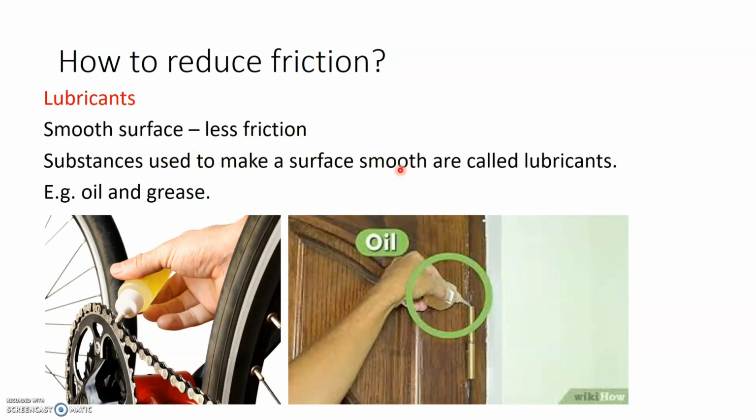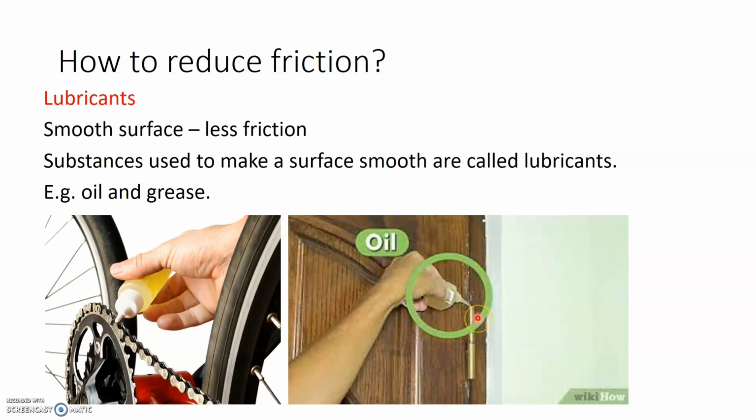Now, can you think of some examples of lubricants? As you see here in the picture, we apply oil on cycle chains, isn't it? By applying oil on cycle chains, we are able to pedal the bicycles easily. In the same way, as you see in the second picture, sometimes we apply oil on the hinges of doors.